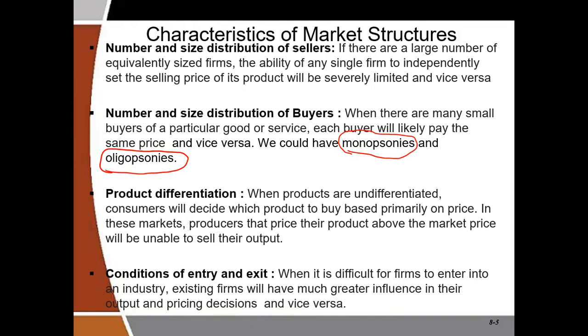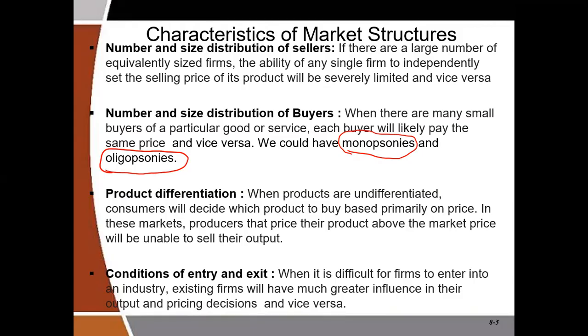But in an industry where the firms cannot really differentiate their products from another firm's, that industry is likely to be perfectly competitive. So the degree of product differentiation can also tell the nature of the market structure.